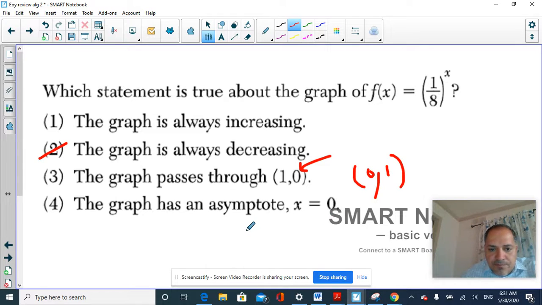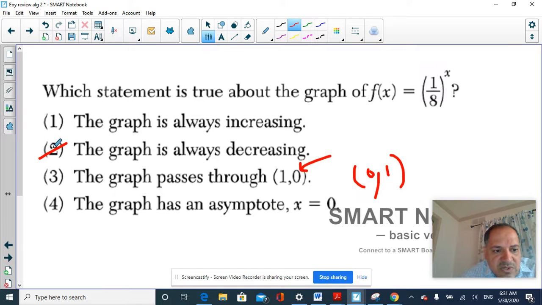So it's not correct here because it has to mention whether it is a vertical or horizontal asymptote. Okay, vertical asymptote means that at x equals 0, the function tends to infinity. And this one is not correct also.